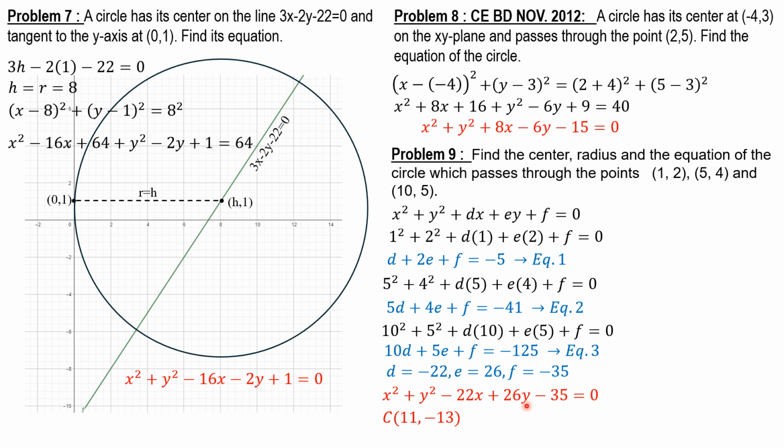And the radius: 2r is the square root of negative 22 squared plus 26 squared minus 4 times the constant, 4 times negative 35. And r can now be computed. It is equal to 5 square root of 13 units.